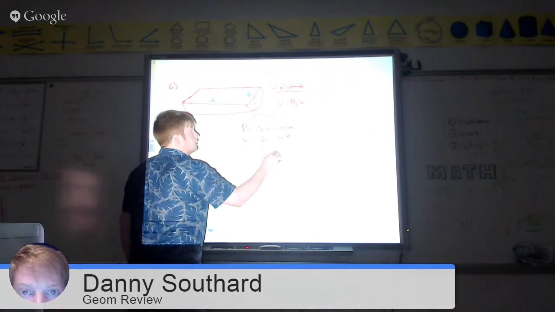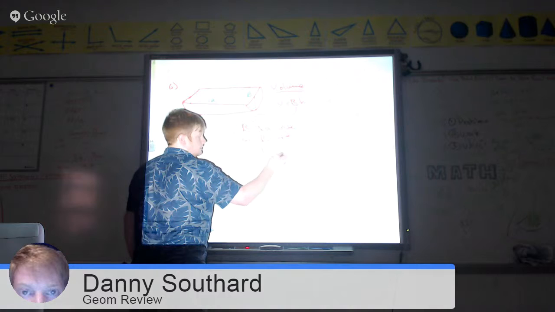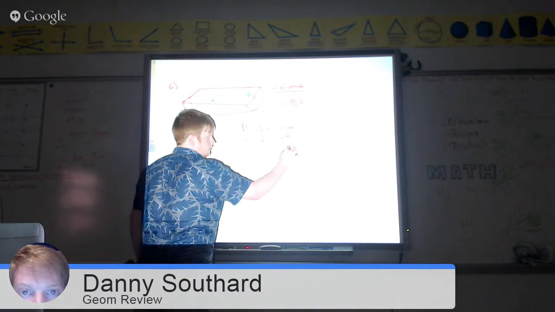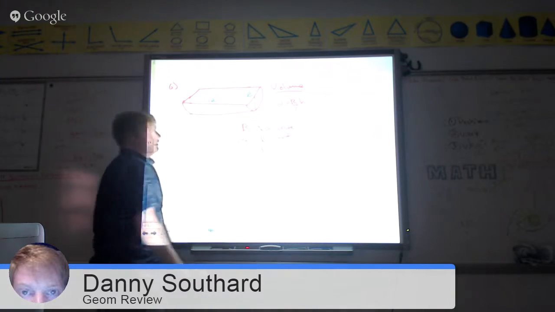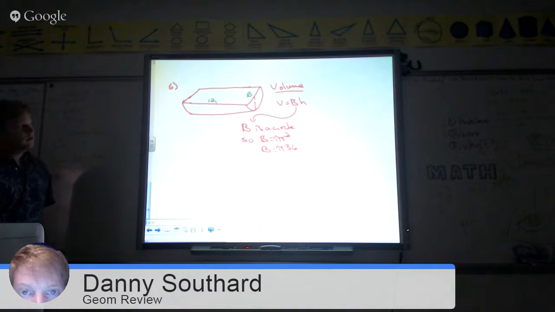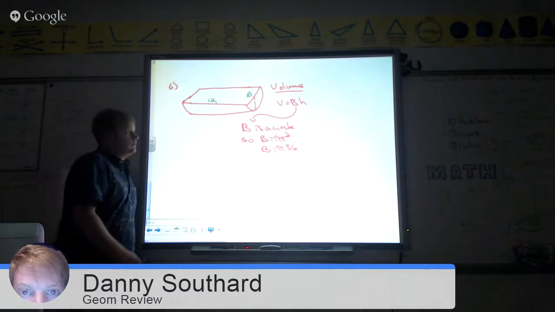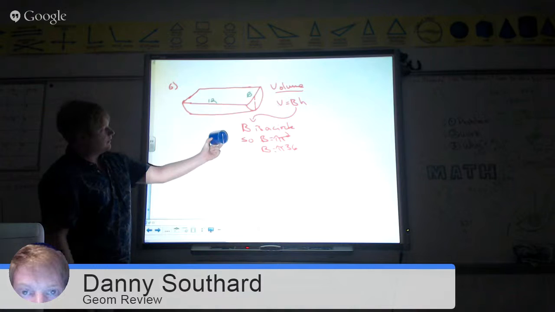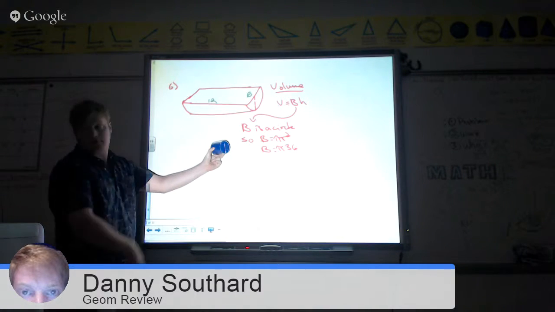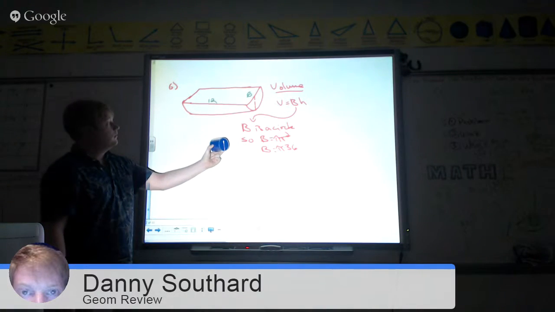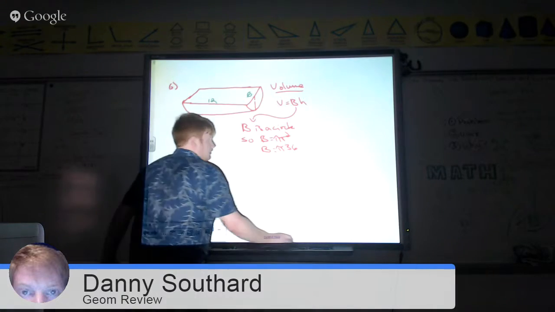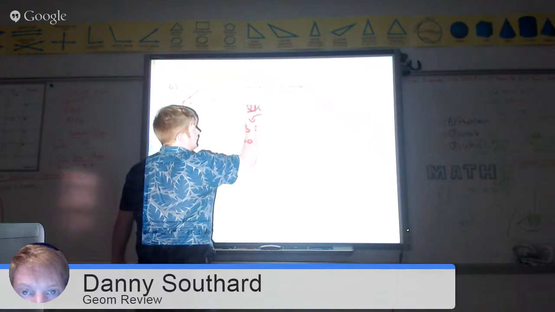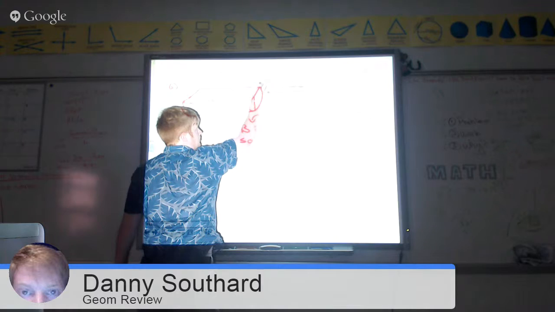Wait, is that an 8 or a 6? That is 6, because the diameter is. Wait, which one is the circle? The thing on the bottom or the thing on the side? It's lying like this, and then I cut it. So it's the thing on the side? This is the base.